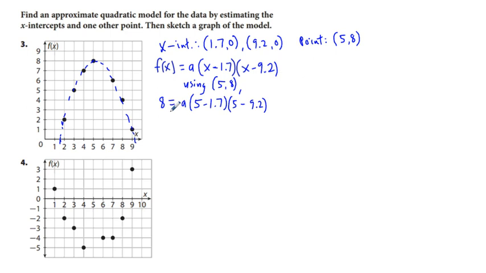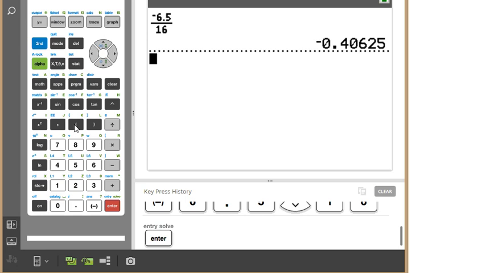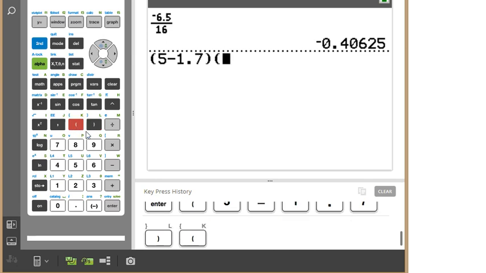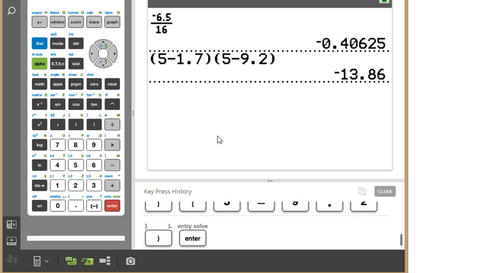And if we just multiply these things together, I'm going to go to my calculator and figure those out. So 5 minus 1.7 times quantity 5 minus 9.2, close parentheses, we get negative 13.86.